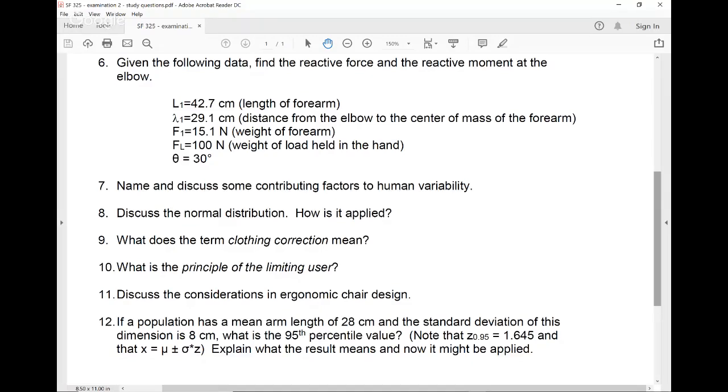The sine of 30 is 0.5, so that makes that easy. So 0.5 times 0.291 times 15.1.